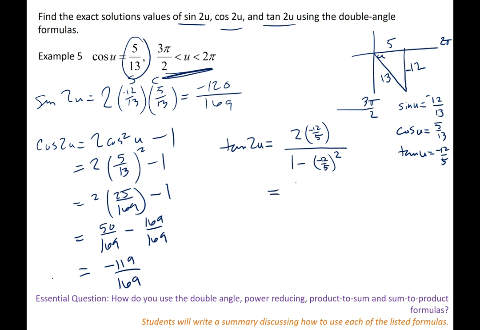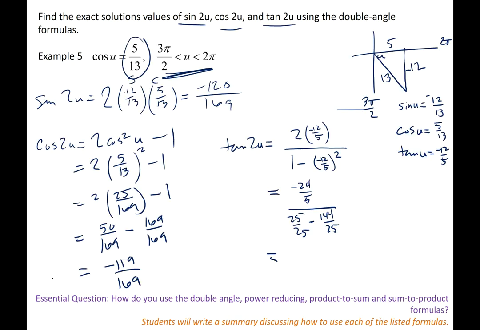All right, so it looks like my numerator is negative 24 over 5. Is that right? Okay, I'm not going to write my 1 yet. What's negative 12 over 5 squared? Good, and so instead of writing 1, what am I going to write? Good. All right, I'm going to take an extra shortcut on this one.